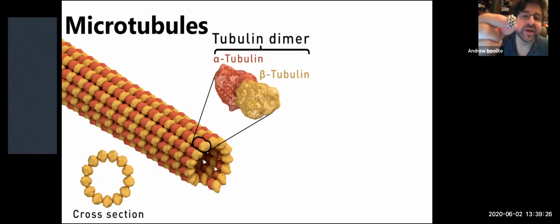You can begin to see the beginning. There it is, right? So you form these really long, beautiful cylinders. So that hollowness gives it both lightness and strength, okay?